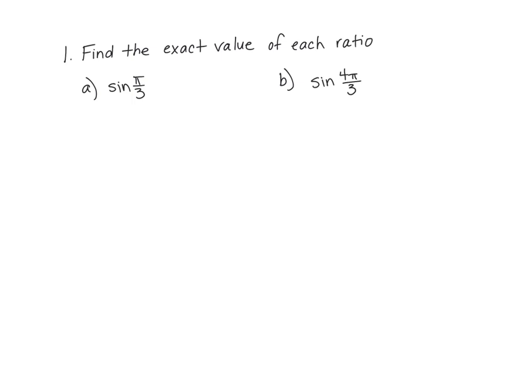Okay, so now we're going to use our special triangles and our knowledge of rotation angles to help us solve these next questions. It's asking us to find the exact value of each ratio. And our rotation angles can be useful here, as well as our knowledge of our triangles. So we are thinking about sine of pi by 3.